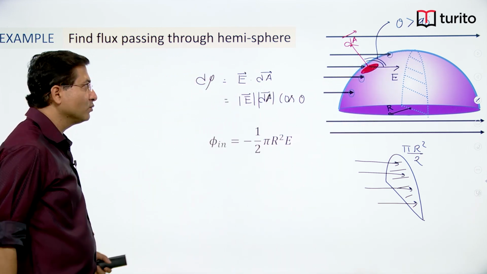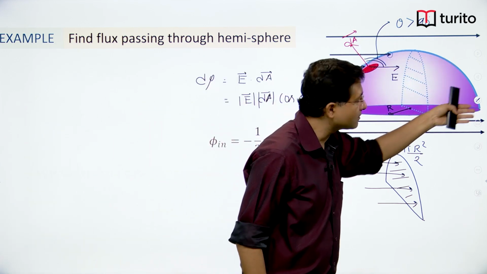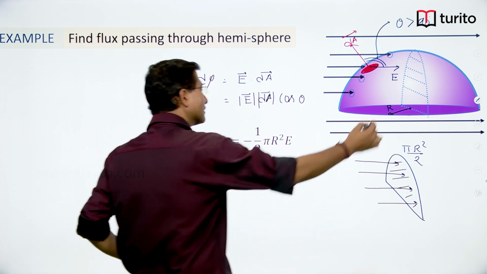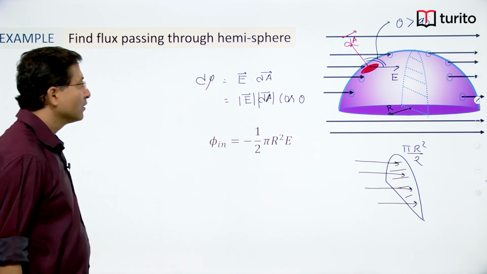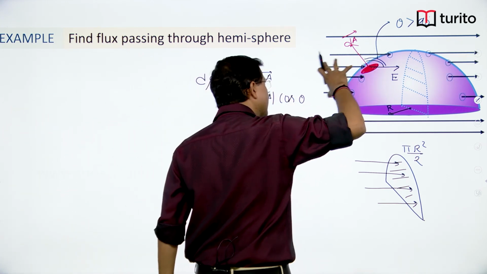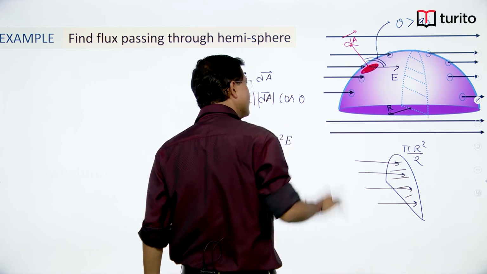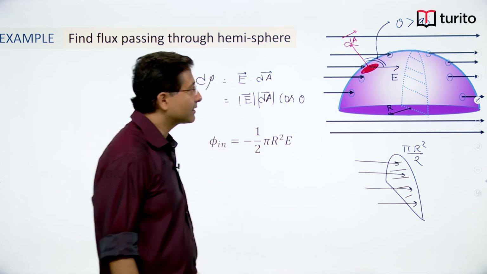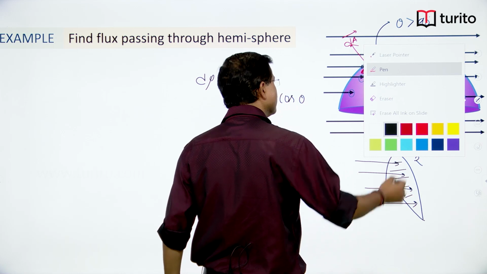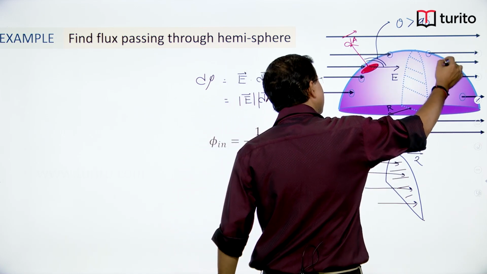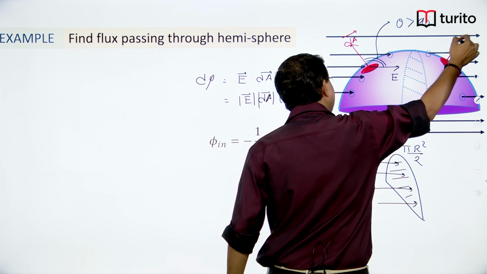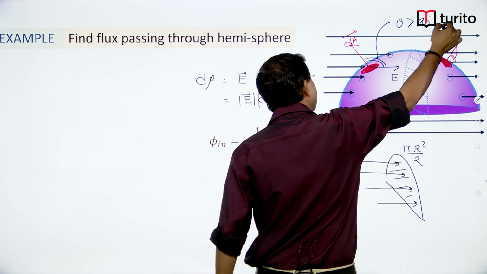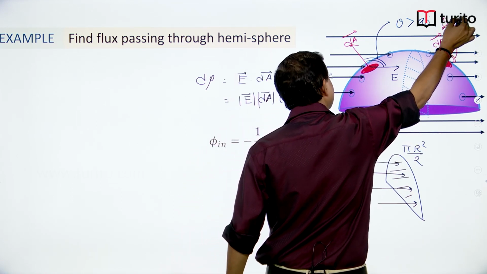So lines are getting into this side surface, and whatever is getting in, those will be coming out through this surface. So all these lines which are getting into the hemisphere come out through this surface. If I take an area vector somewhere here, if I take a small element and this is dA, you can see this angle here is less than 90, right.